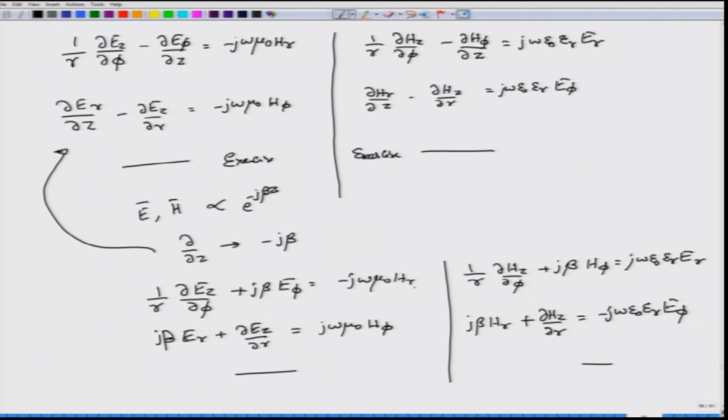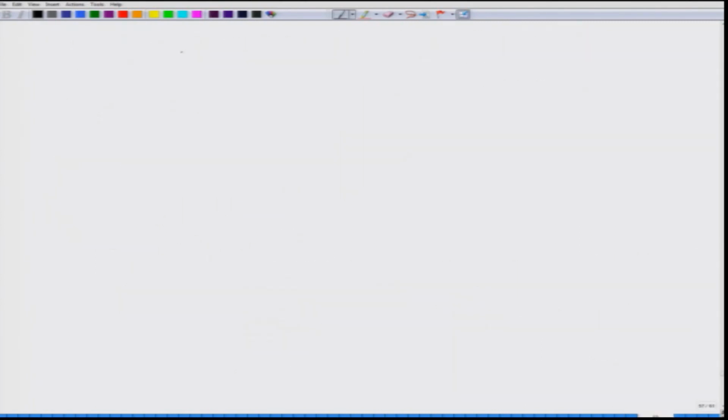So, what you now need to do is to actually look at this equation, okay, and then express h r in terms of E phi and E z, and then use that equation into this second equation here, the cross coupled equation that I am showing you. Substitute for h r and simplify this equation to obtain an expression for E phi. Okay. So, the expression for h r from the above equation would be minus 1 by j omega mu naught.